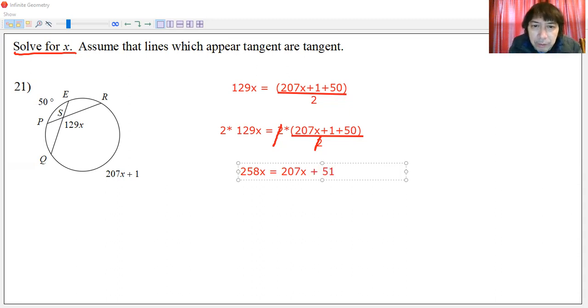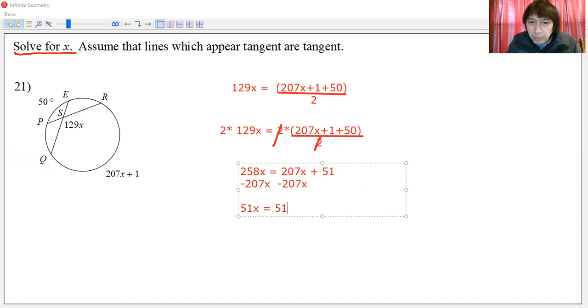And so we shall subtract the smaller 207x. So this will now be minus 207x, minus 207x. And we shall get how much? We shall get 51x, and the right side is just 51.